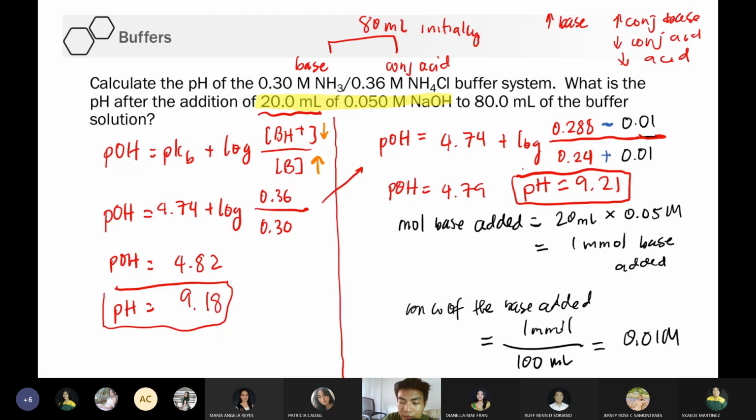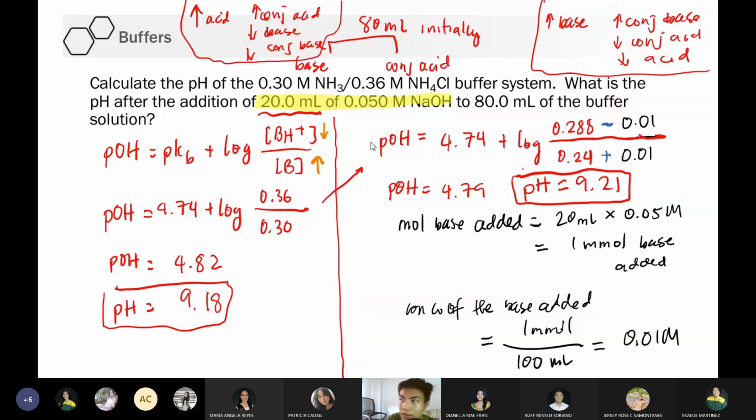Ito, in general na to ha. Okay. Pag nagdagdag ka naman ng acid, tataas yung conjugate acid concentration, bababa yung concentration ng base, bababa yung concentration ng conjugate base. So, itong dalawa yung general idea. Pag nagdagdag ka ng acid, yung mga acid dadami, mababawasan yung base.